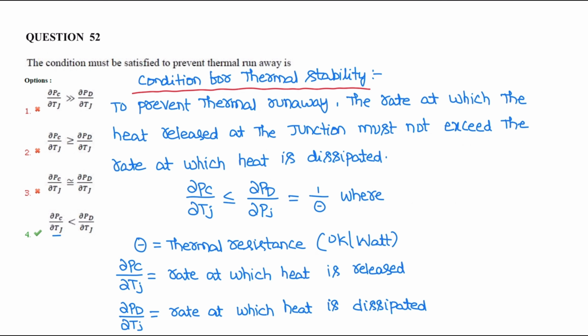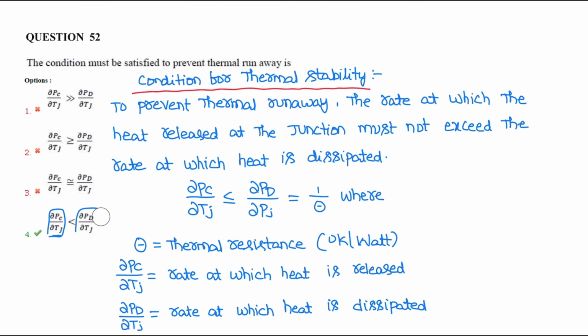Next question. Question number 52. The condition to be satisfied to prevent thermal runaway. So that is the rate at which heat is released, dou Pc by dou Tj, Tj suffix j, temperature at the junction. The rate at which heat is released is less than the rate at which heat is dissipated.